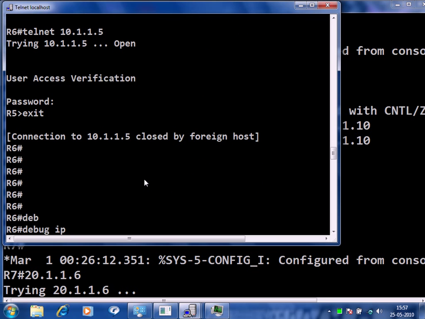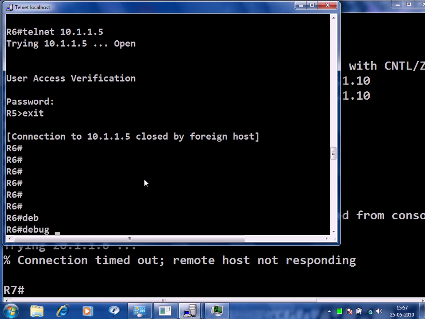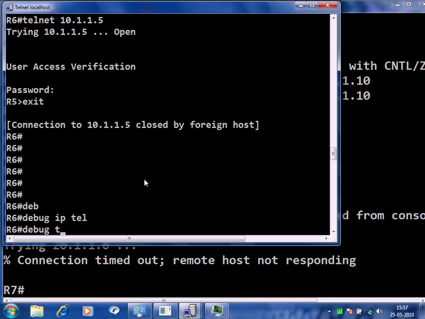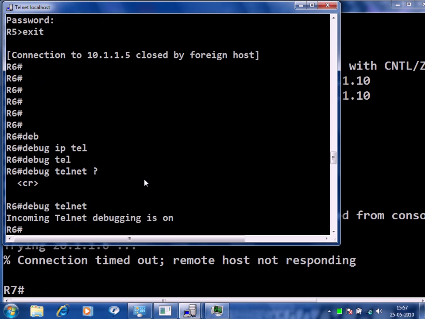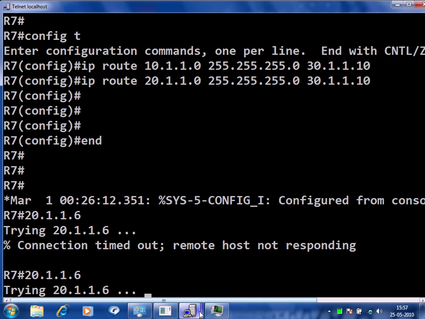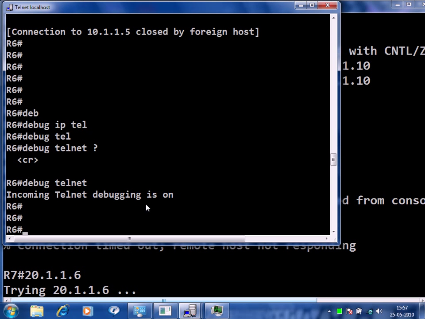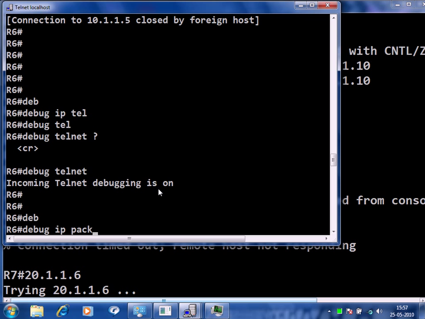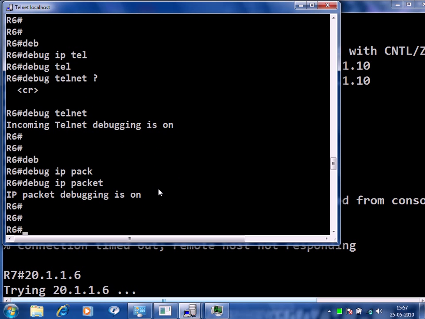Debug telnet, right? Let's see. Let's say debug IP packets. Any packet which is reaching R6, I want to see.